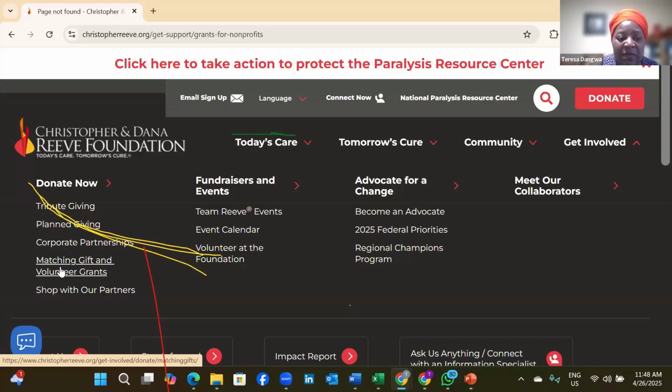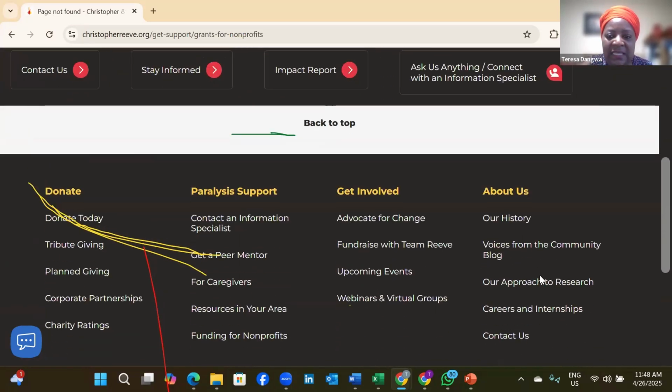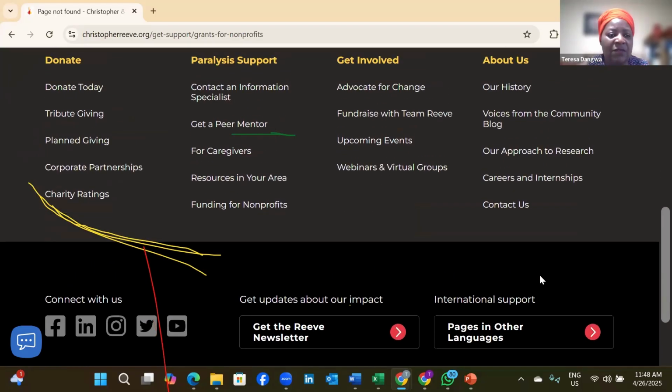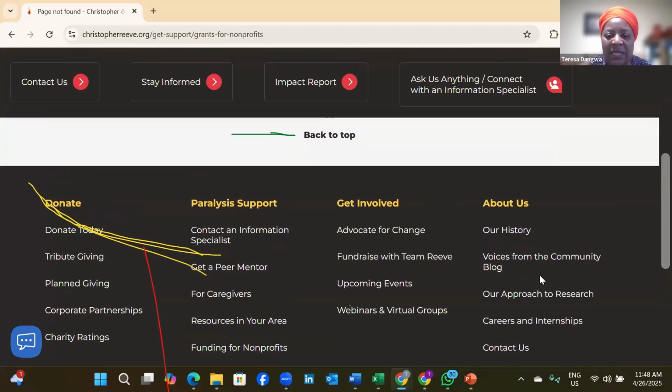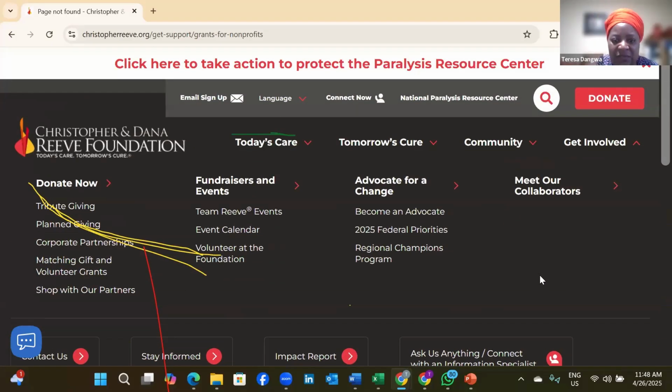They also have a matching gift and volunteer grants. They also have grants, I believe, for wheelchairs. So I will send these links, in the interest of time, for you to go through them and see if you can find one where you qualify, but make sure you pay attention to the eligibility criteria. It's very, very important.